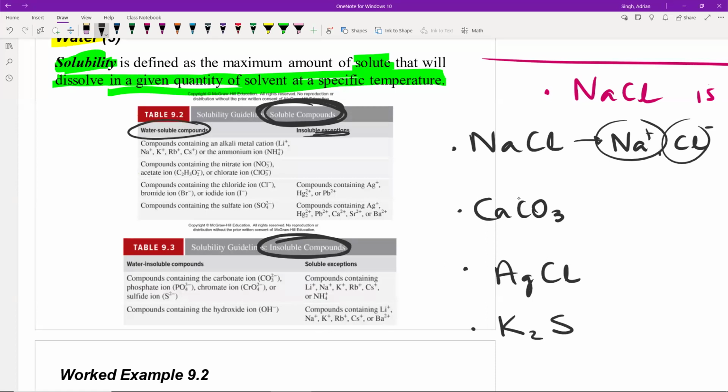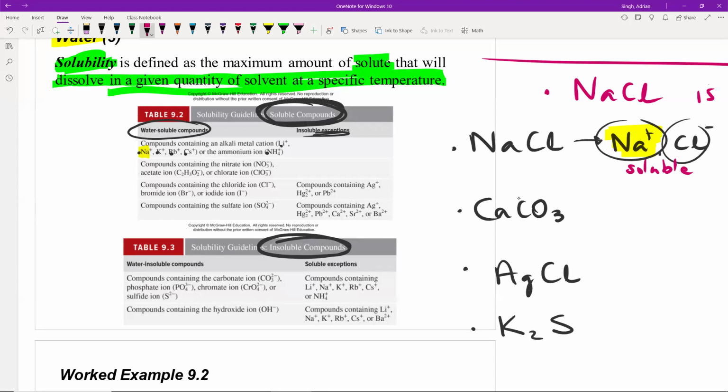So anything that has lithium, sodium, potassium, rubidium, cesium, or ammonium is always going to be soluble. So sodium chloride has the sodium ion, which is here. That means it's soluble in H2O. Very simple, right? No exception. Anything with sodium in it, always soluble.